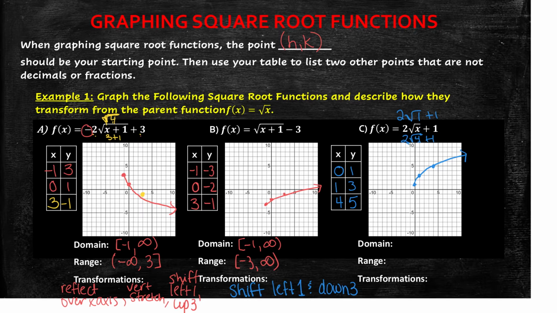The domain is 0 to infinity. The lowest y value is 1, so that's going to be 1 to infinity. The transformations, it is a vertical stretch by 2, and it has moved up 1.